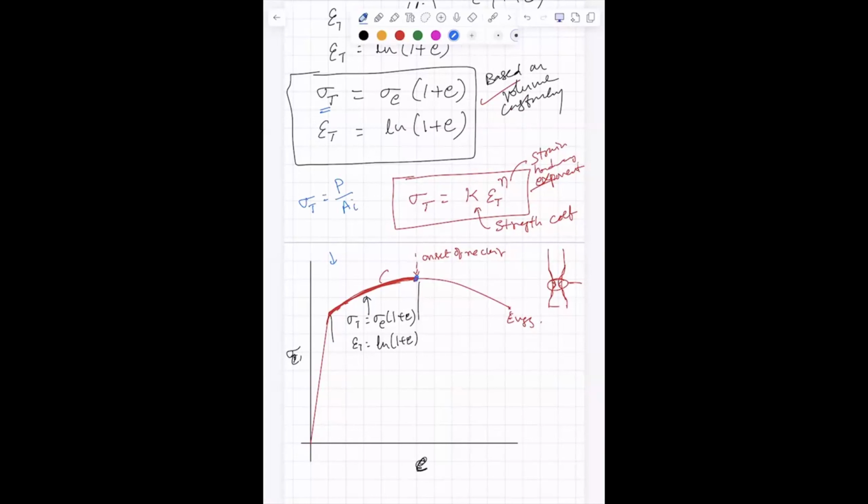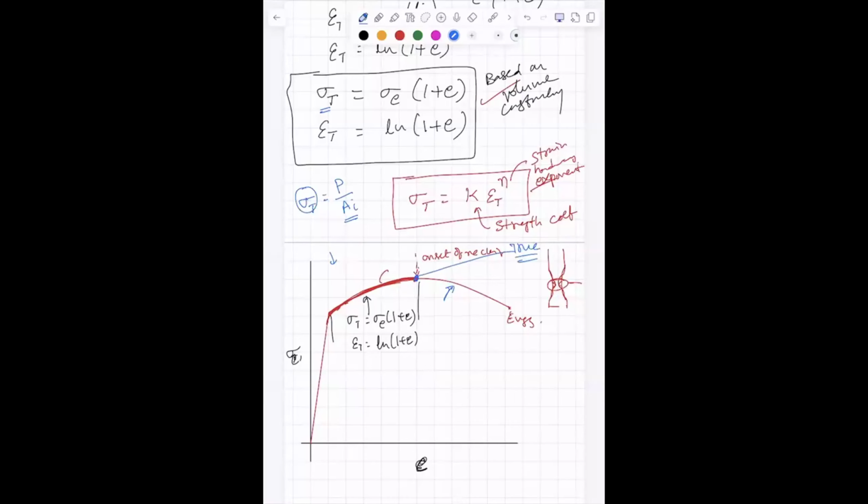After necking, what happens to the cross-sectional area? It reduces drastically. That means sigma_t should increase. So it should not be decreasing like that. The curve should be going like that, isn't it? True stress strain curve.